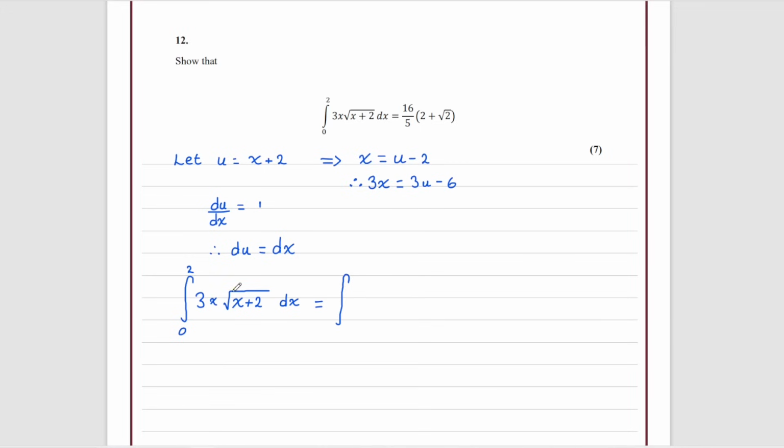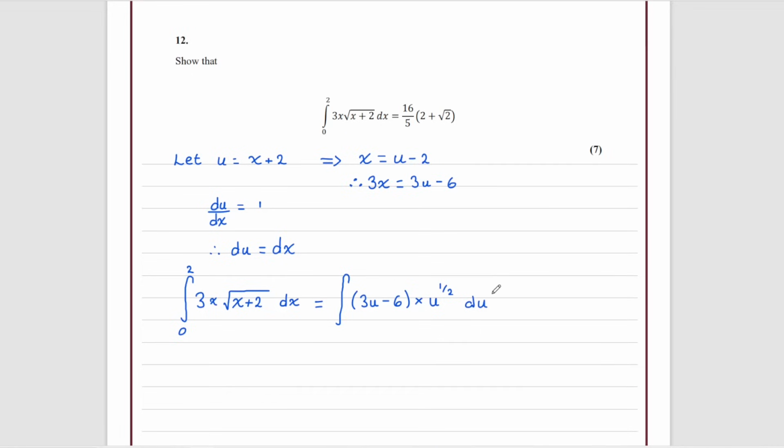But for now, 3x, like we've already noted here, that's 3u minus 6. We've then got the square root of x plus 2. Well, u is equal to x plus 2, so this is the square root of u, or in other words, u to the power of a half. We times it by u to the power of a half. And then we've got dx here, which is equal to du.